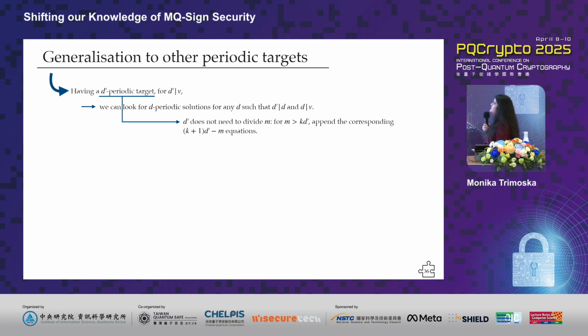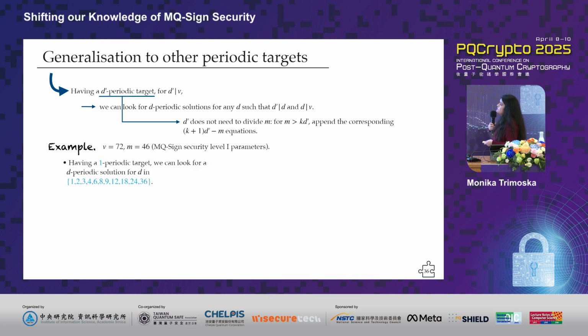That is what you need. And it's again an abuse of language: saying it is a d prime periodic target, actually it doesn't have to be completely periodic. You can have fewer equations, and then it doesn't matter, you can fill them in. So for example, I'm giving you here an example with MQ sign security parameters for level 1. So this is what we had.